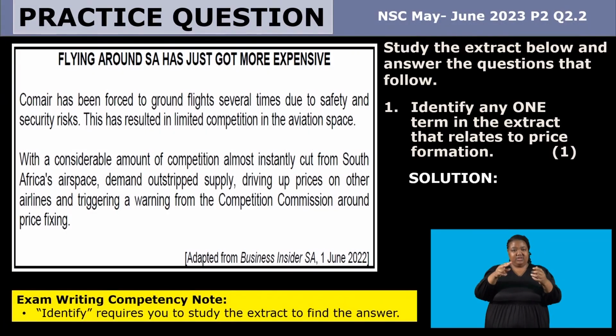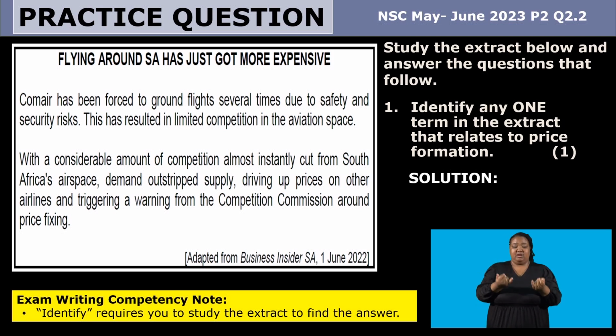Welcome back from the break. We're proceeding with our practice questions. The first question says, study the extract below and answer the questions that follow. We are given an extract. We should read it. The heading says, flying around SA has just got more expensive. ComAir has been forced to ground flights several times due to safety and security risks.